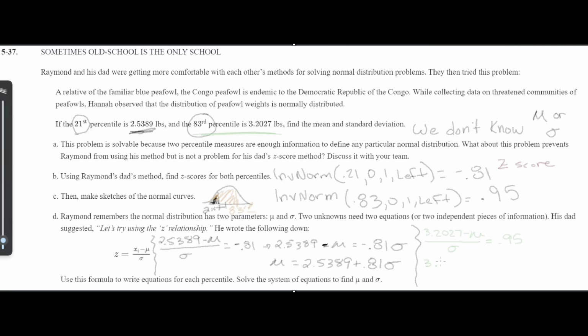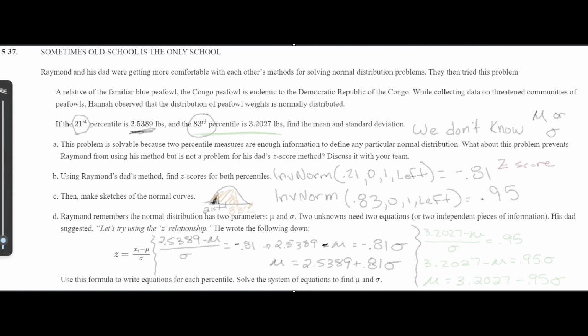So we're going to go ahead and multiply both sides by sigma. So I get 3.2027 minus mu equals 0.95 sigma. All right, I'm going to do the same thing that I did on the other side. I'm going to add the mu to make it positive. I'm going to subtract the 0.95 sigma so that I can have both equations equal to mu.